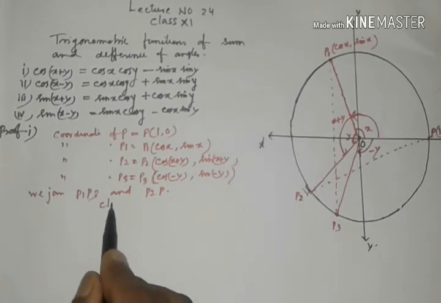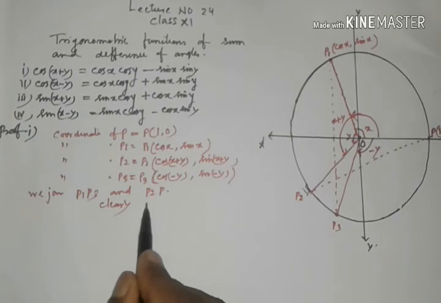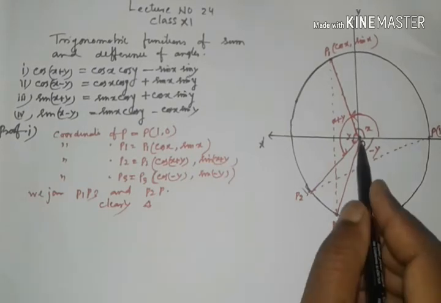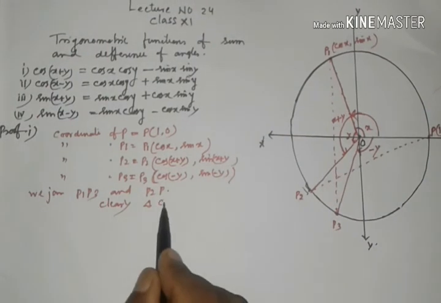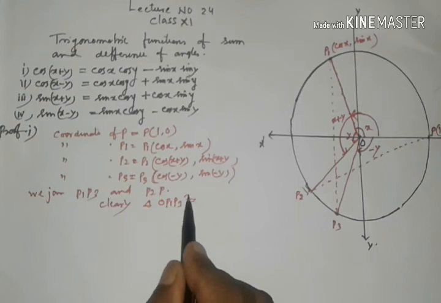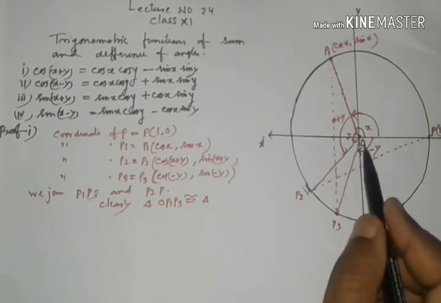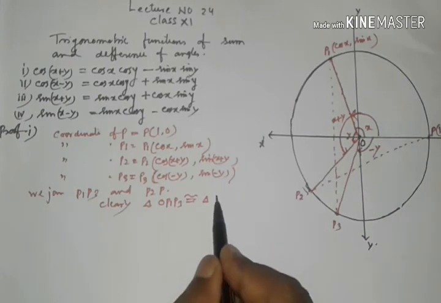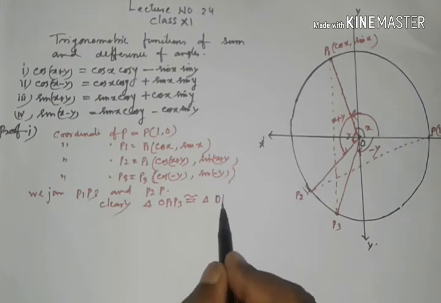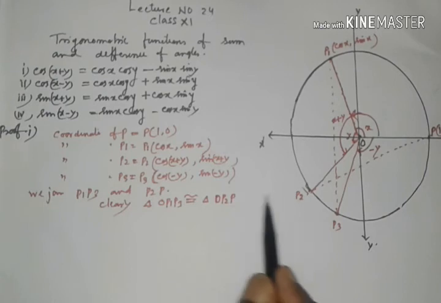Clearly, triangle OP1P3 is congruent with triangle OP2P.